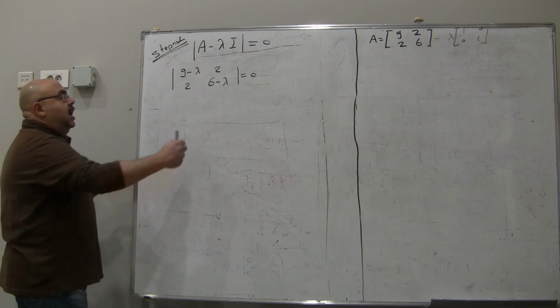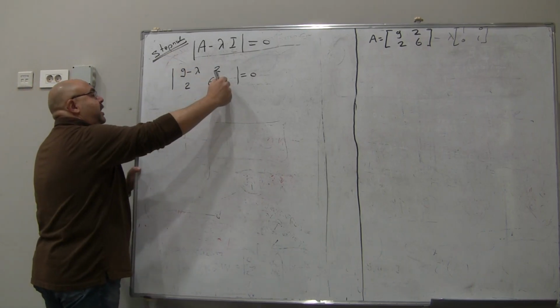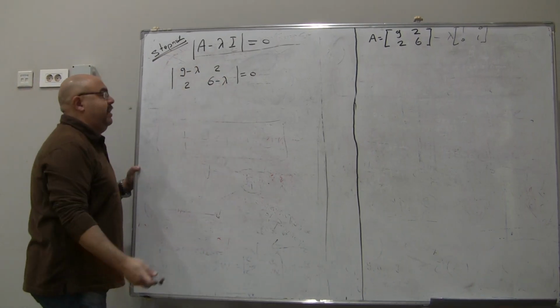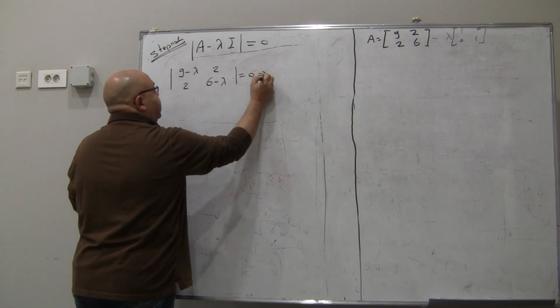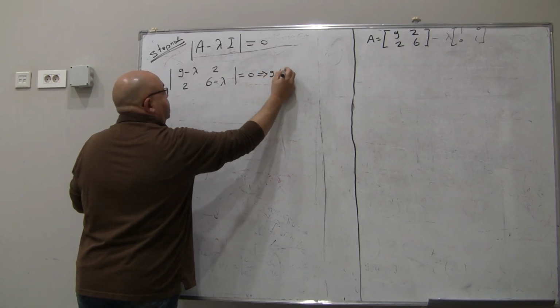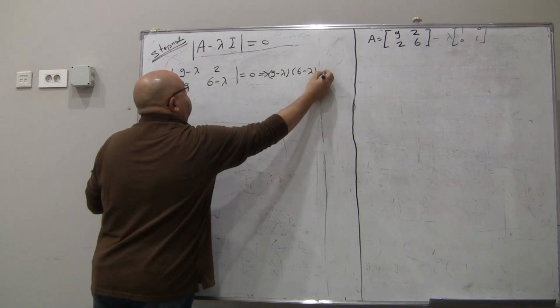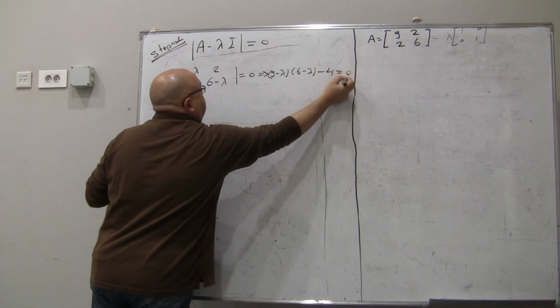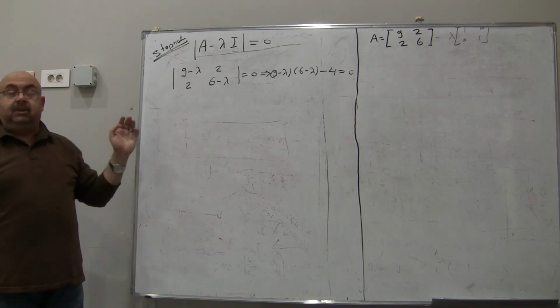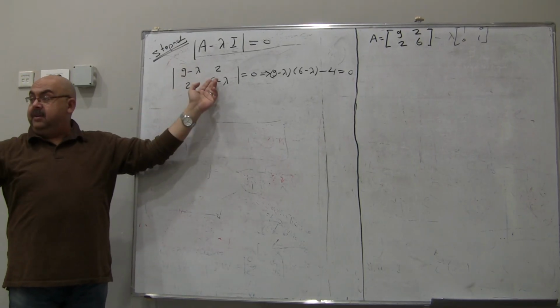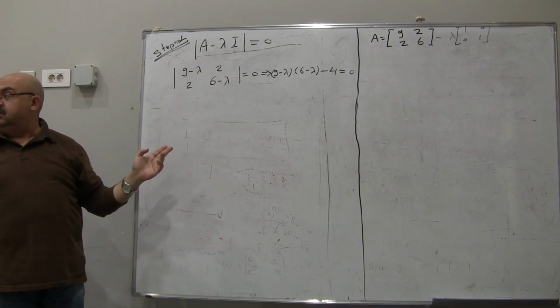How to expand? I will multiply the elements of the principal diagonal minus the elements of the secondary diagonal. So simply it's going to be 9 minus lambda times 6 minus lambda, then minus 4, which is going to equal 0. Are you with me? Multiplying the elements of the principal diagonal minus the elements of the secondary diagonal.